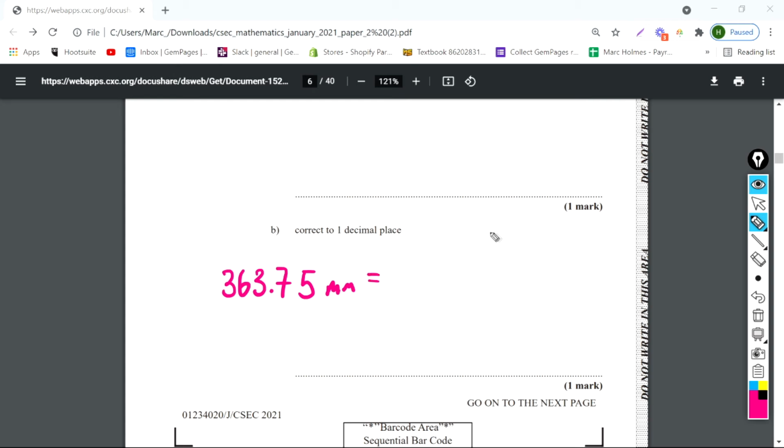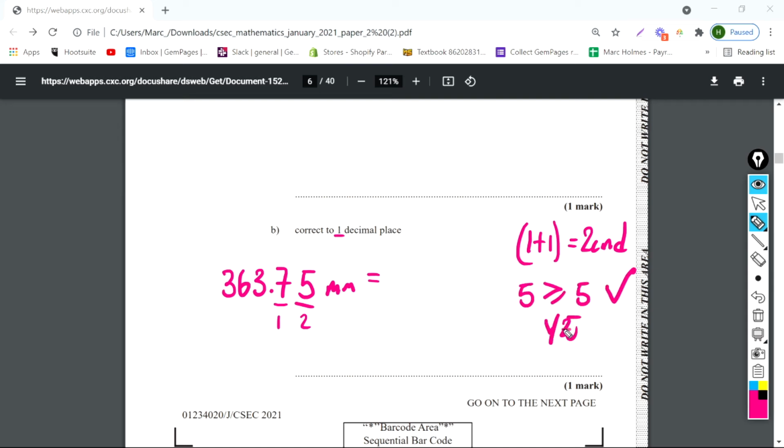To put it to one decimal place, we'll have to look at the 1+1th decimal place, which is the second. In this case, the second decimal place is the 5. And we say, is 5 greater than or equal to 5? Yes, it is. 5 is equal to 5. So we're going to add a 1 to that 7. And the answer here to one decimal place would be 363.8. Cool, guys?